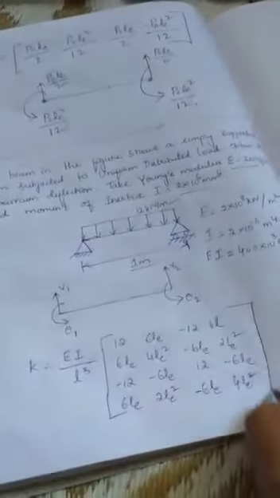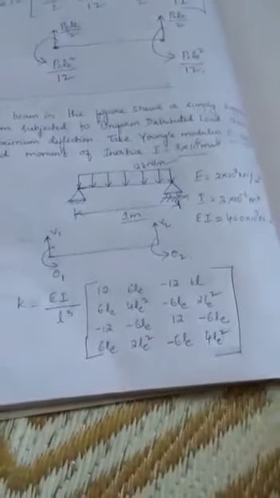This is the stiffness matrix for a beam element. Here we should also write the nodal displacement Q as V1, theta 1, V2, theta 2.